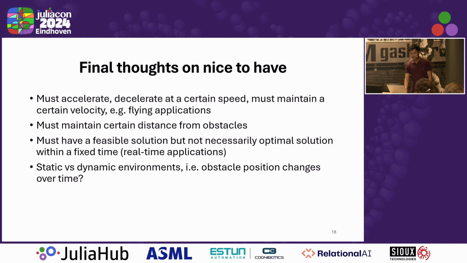I think this is an interesting problem because you're going to see it in motion planning for robotics, for autonomous vehicles, for UAVs. They're all trying to solve the problem of getting from point A to point B and finding the best possible trajectory.